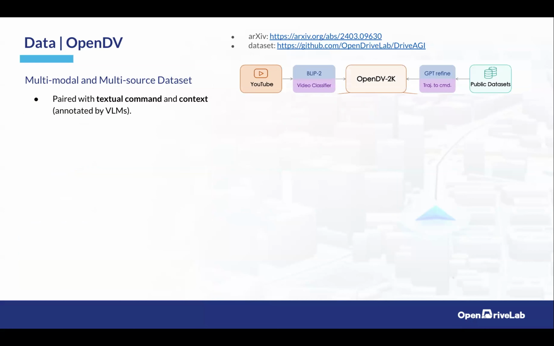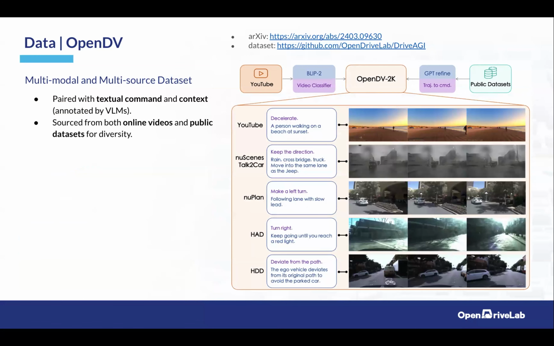So we fine-tuned a multimodal model to the driving scenarios, and we paired the YouTube data with the fine-tuned multimodal model, so we can get paired textual annotations and videos.